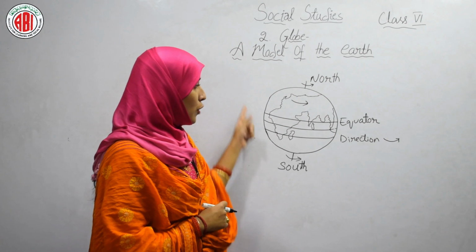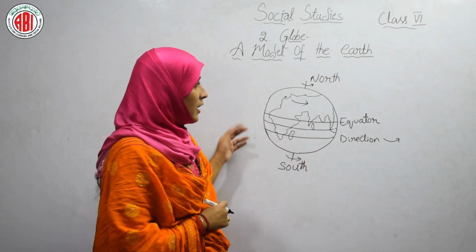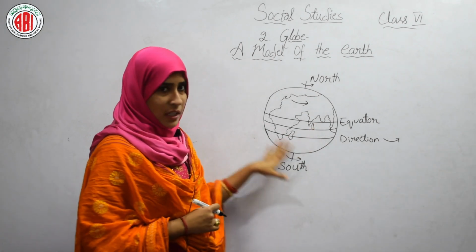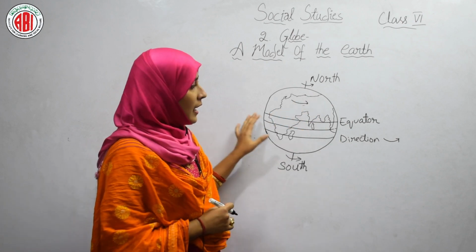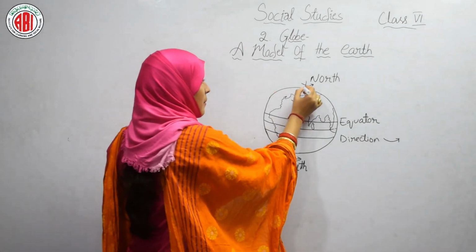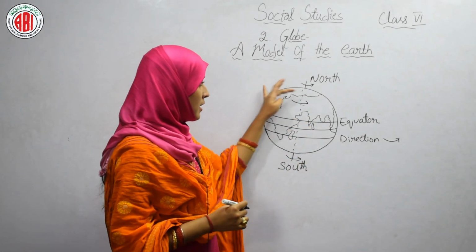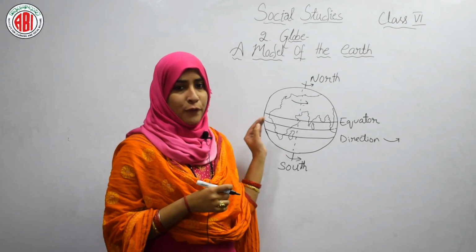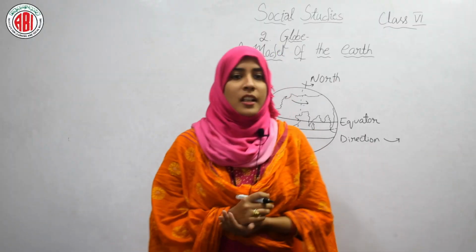When you rotate the globe in this direction, this part is covered with water, and the part where we are living is the land. When you draw an imaginary line from the northern part to the southern part of the globe, it will form the axis around which the earth rotates.